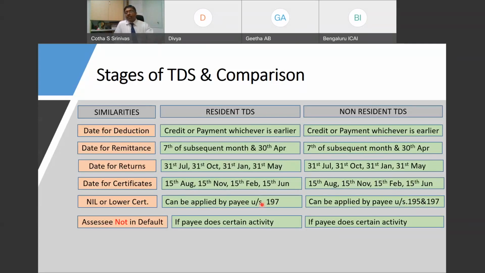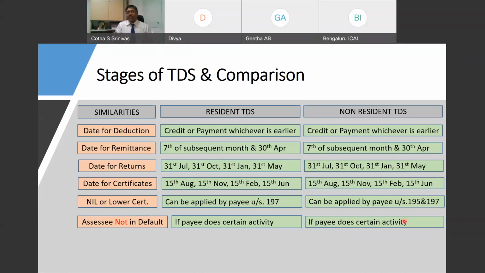Earlier I gave an example on penalty, where a resident is making a payment of rupees 10 lakhs to a non-resident but has not deducted TDS. I said there will be penalty, disallowance of expenditure and so on. Now, with assessee not in default, if the payee does certain activities, I assume the same example, where the non-resident has considered this 10 lakhs in his computation of income.